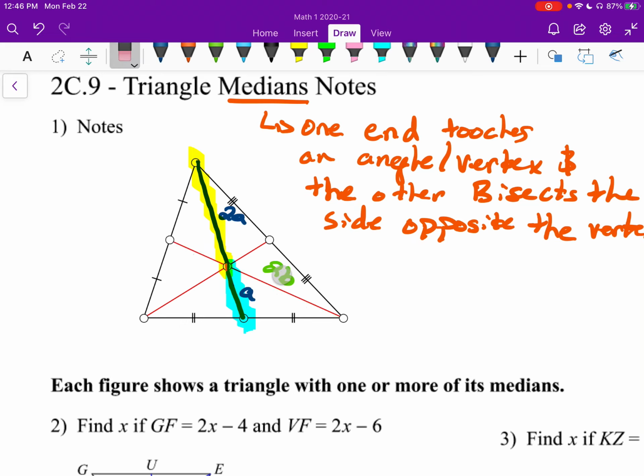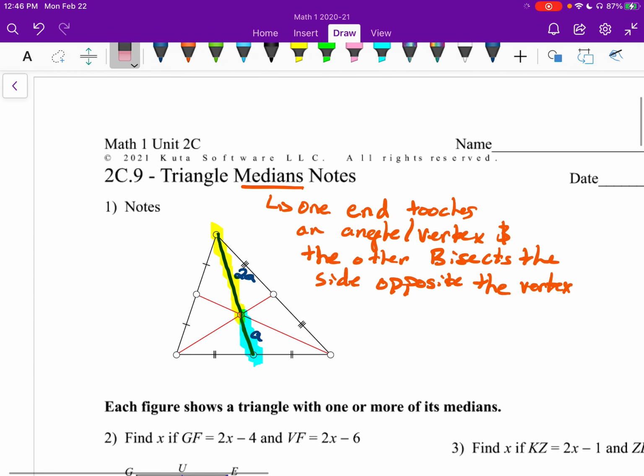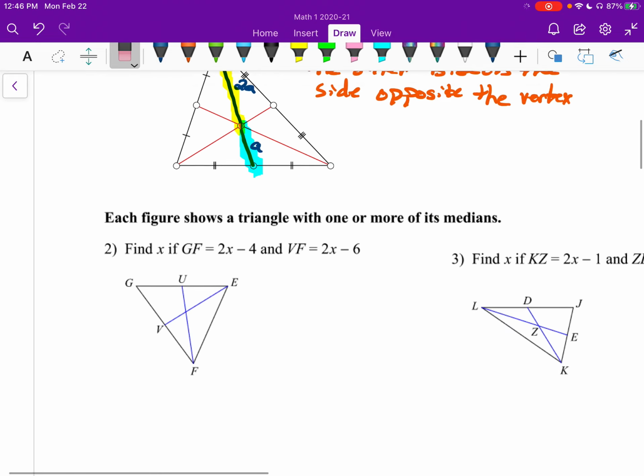Normally I don't think about the B's, and you could also draw C's in there, but I think it just makes the picture confusing. That's what we're going to need to remember. We're going to need to know the piece about the 2A and the A. So let's look at some of the problems and see what we can do.